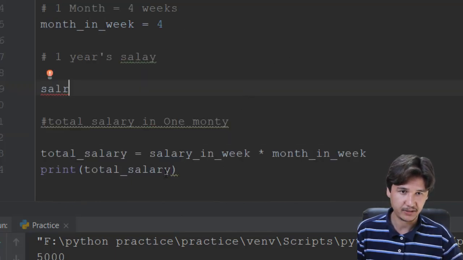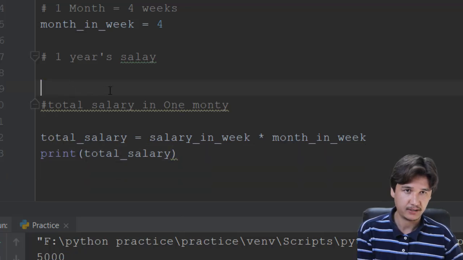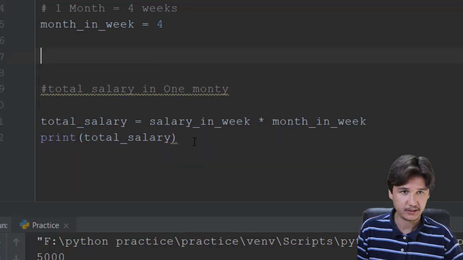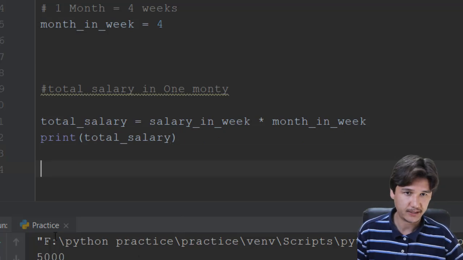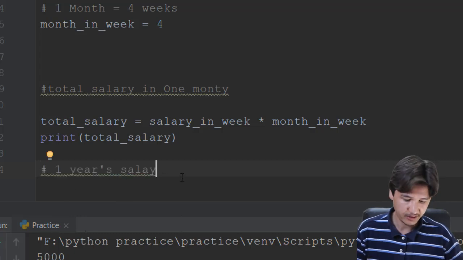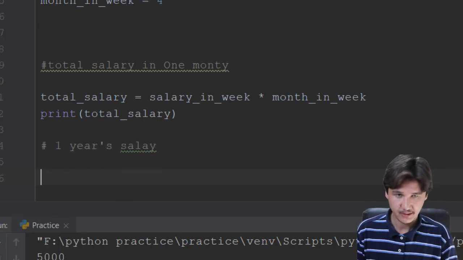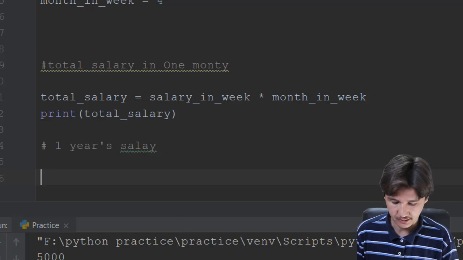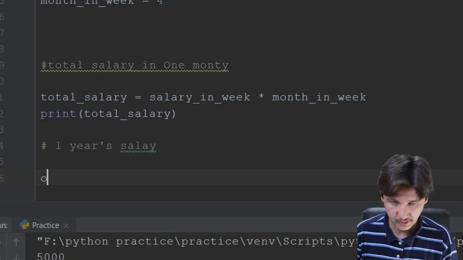Okay, like we have total salary. Now in 1 month we are getting 5,000. Let me run it again. Okay, it is 5,000. Then in 1 year we are going to multiply that.